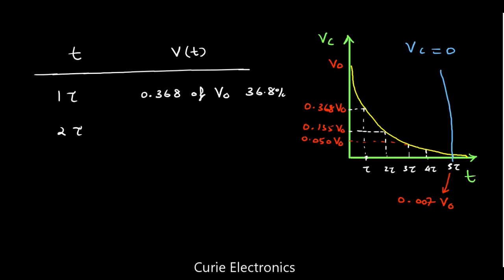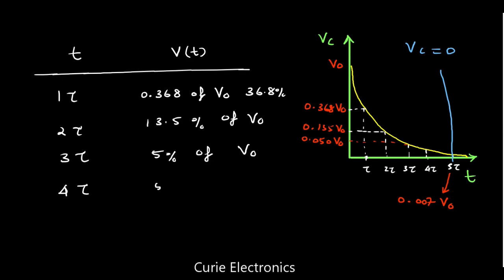It reduces to 13.5% of V0. After 3 time constants, what happens? It reduces to 5% of V0. After 4 time constants, what happens?